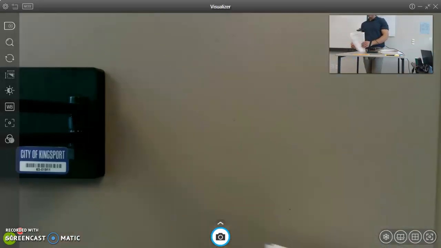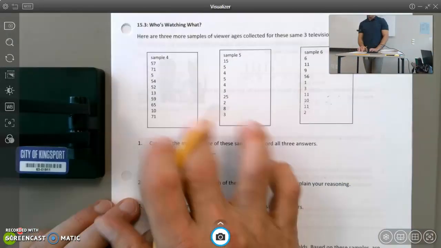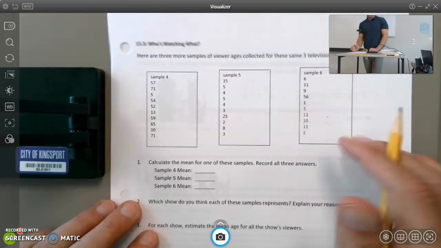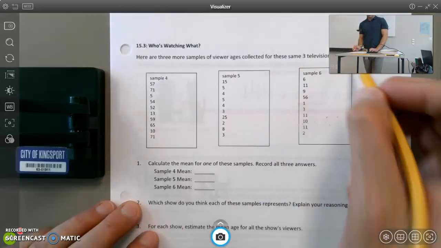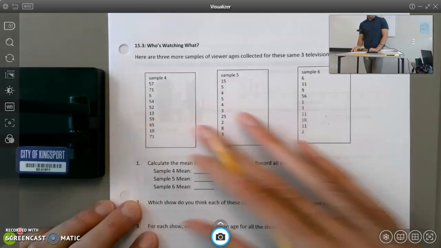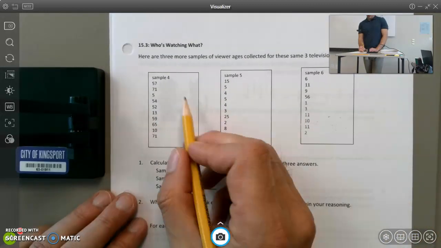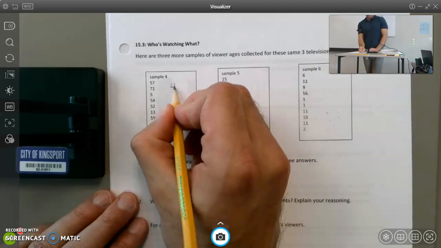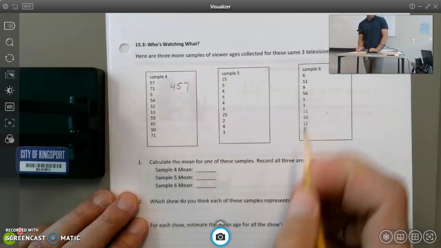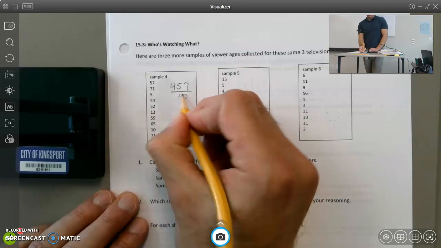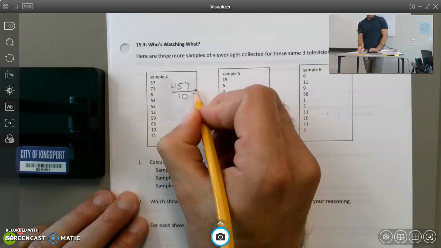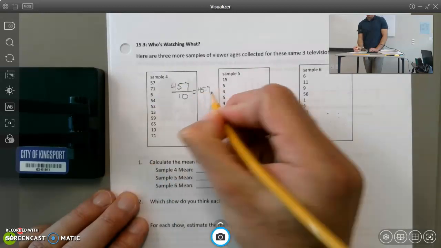Here we have another sampling, samples 4, 5, and 6. These are the same 3 TV shows, and these are three different samples. On sample 4, their collective age adds up to 457. If I divide that by 10, because there are 10 people surveyed, that's 45.7.